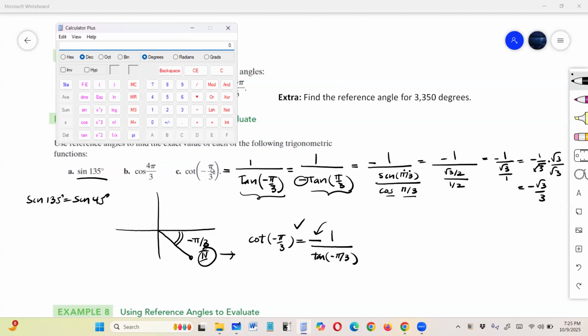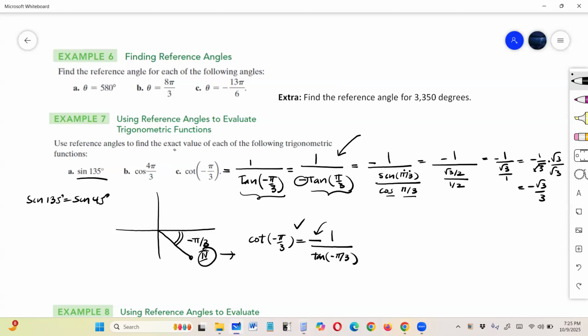So I'm going to do tangent. I'm going to erase the rest. All right, so this is the answer that we got. Let's not forget this. And I am going to do this on the calculator.